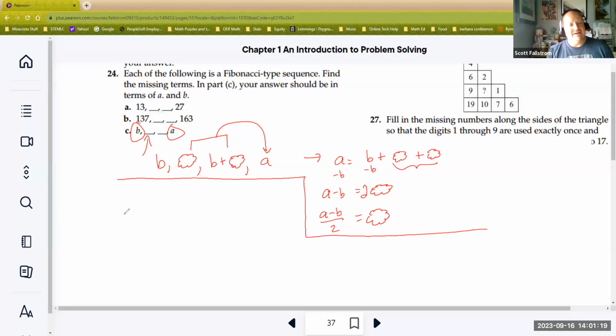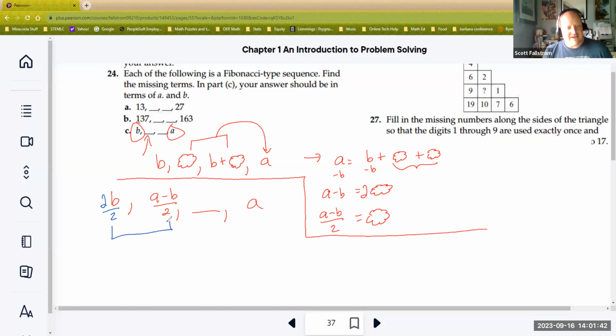Okay, so I start with B. My next term would be A minus B all over 2, right? But I want you to notice the next one has an over 2, and I need to add them together. It might be good to write those with a common denominator. So I'll just write this as 2B over 2.